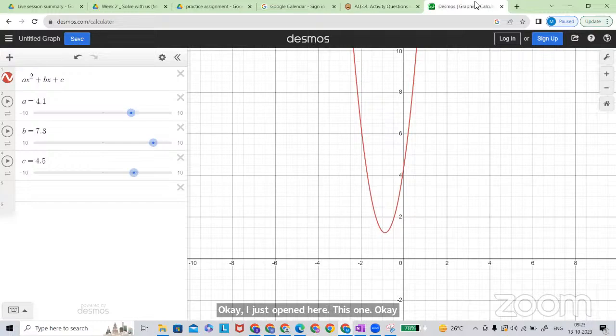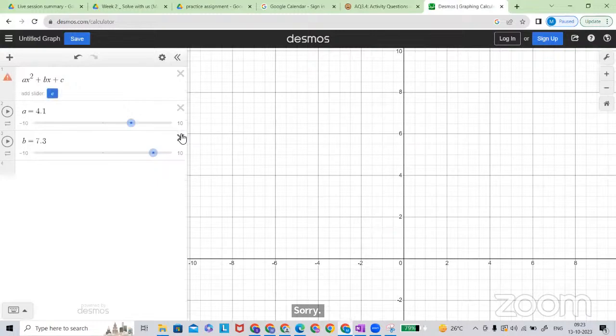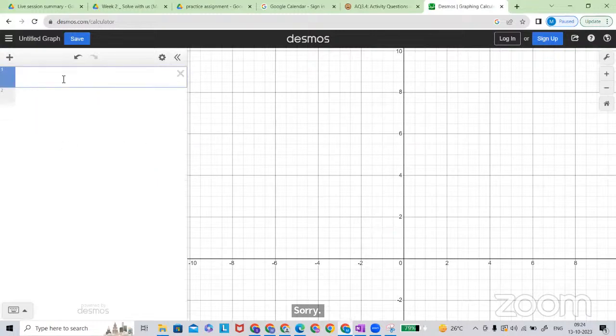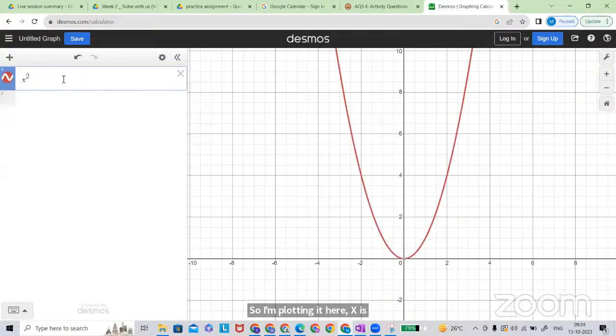Sir, plot any quadratic, x square, let's suppose. Sir, reload it first. Okay, I'm plotting it here, x square. Yes, sir.